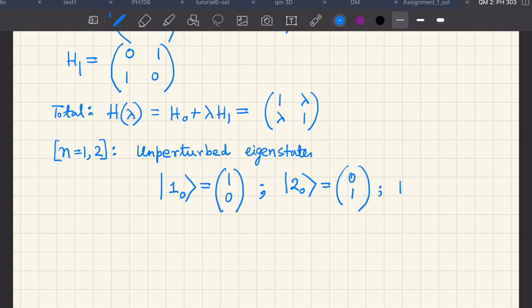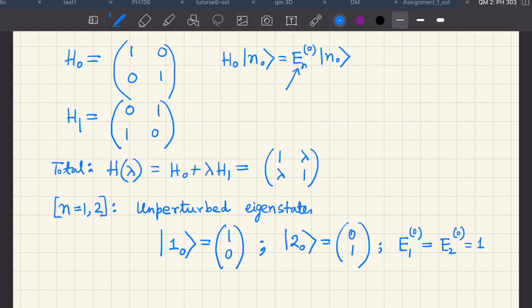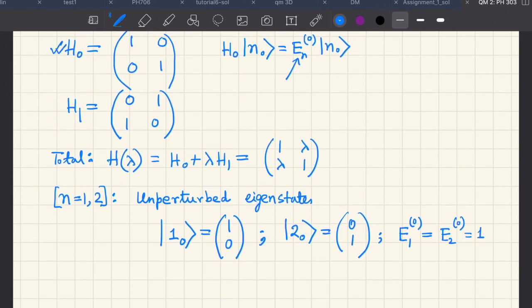And of course the unperturbed energies corresponding to these states will be E10 equal to E20 is equal to 1. This is what is already known to you given this H naught. If you solve the equation H naught n naught equals E n naught n naught, then this is the result that you are going to obtain.